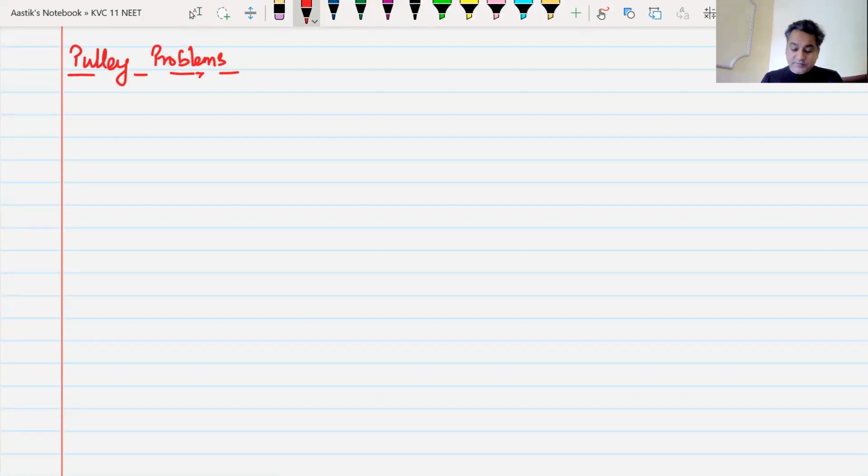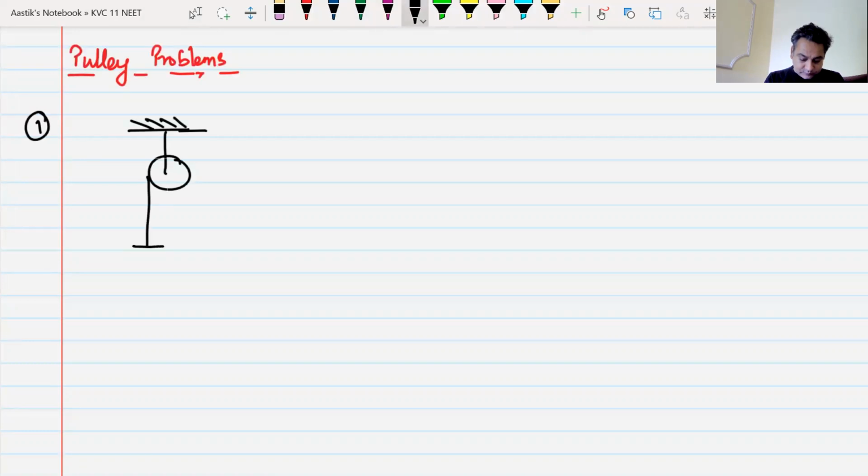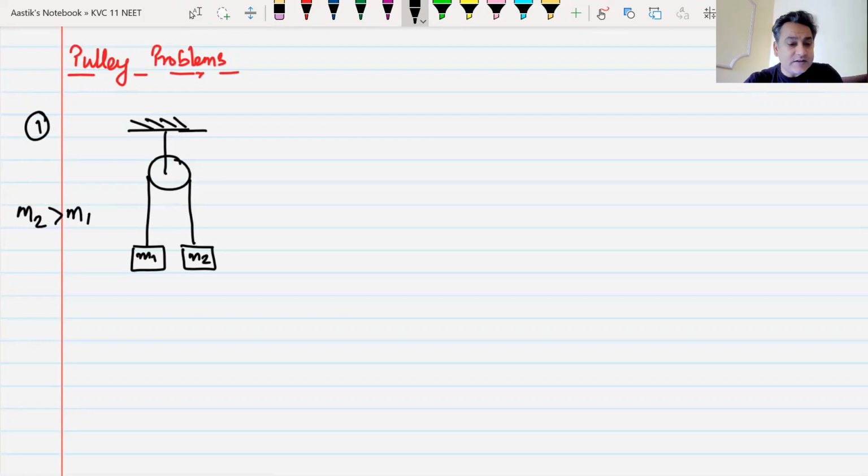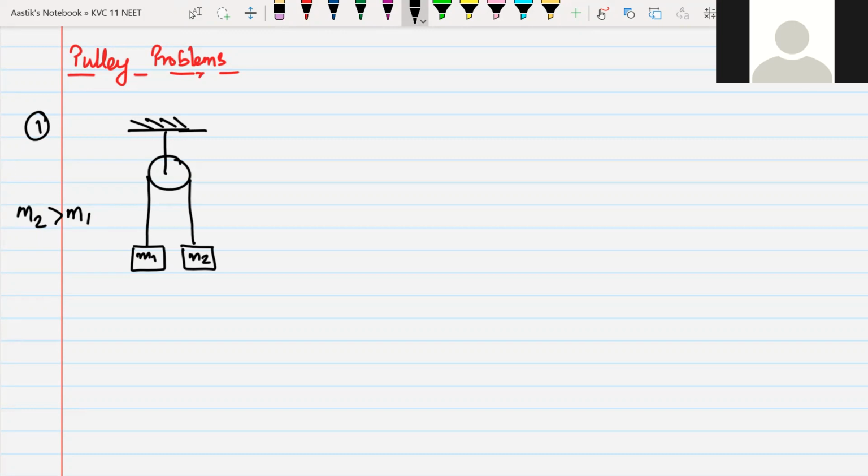Now, let us do the first category of pulley problems. In the first category, you'll have a pulley and you have two blocks attached to this pulley, M1 and M2. And let us take the case that M2 is greater than M1. Can anyone tell me what will happen? How will these blocks move? My M2 is greater than M1.